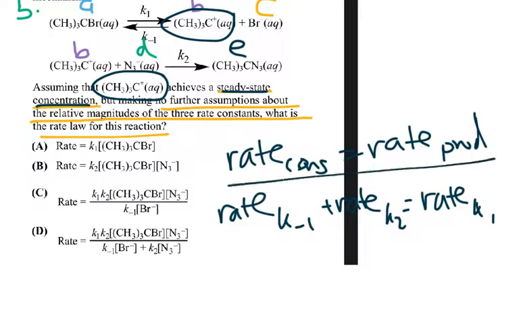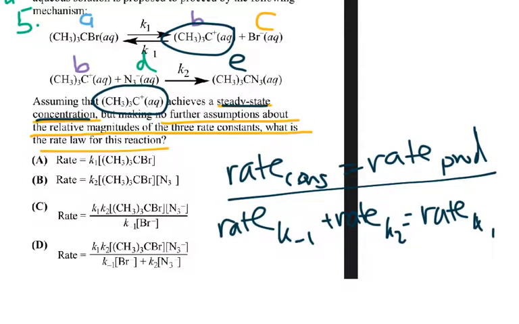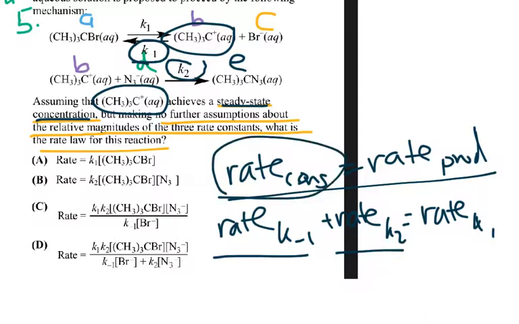So over here I wrote that, and we know that the reactions K negative 1 and K2 are consuming B, so the rate of K negative 1 plus the rate of K2 is the rate at which B is being consumed, since as you can see, for example, this reaction K negative 1 is causing B to be transformed into A. So what about the rate of production? Well, the only thing that produces B is K1, because A is being transformed into B. So the rate of K1 will be the rate of production.